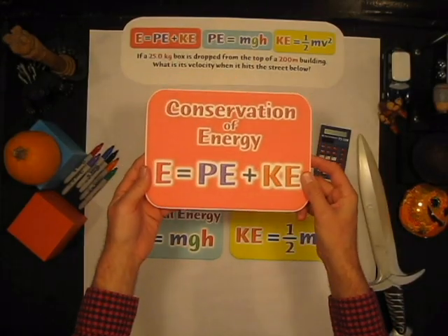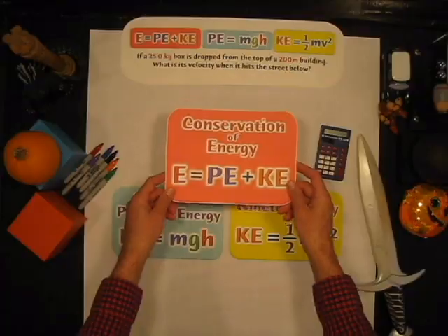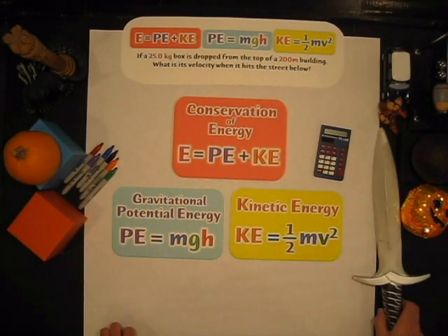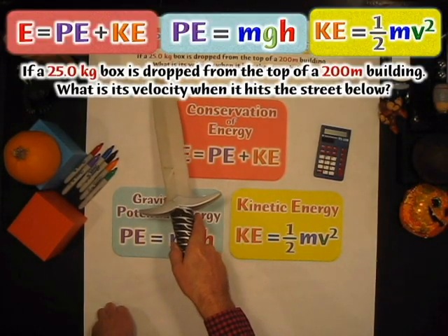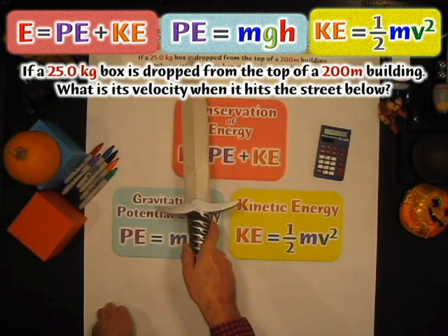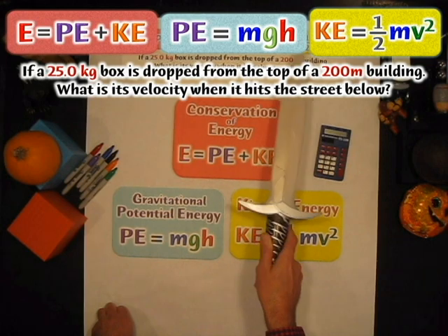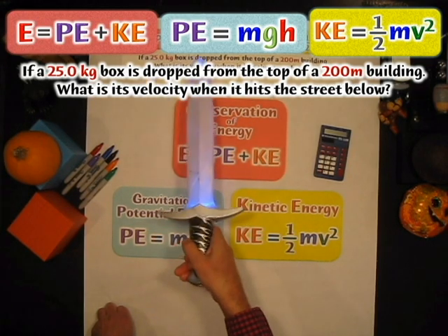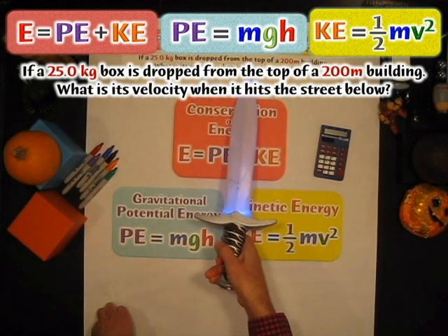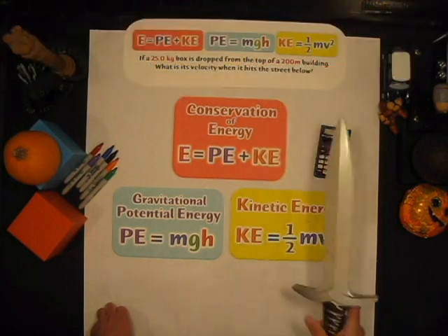Okay, so here is a conservation of energy problem. If a 25.0 kilogram box is dropped from the top of a 200-meter building, what is the velocity when it hits the street below?